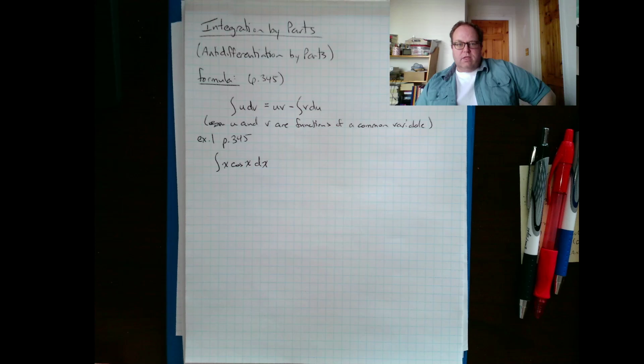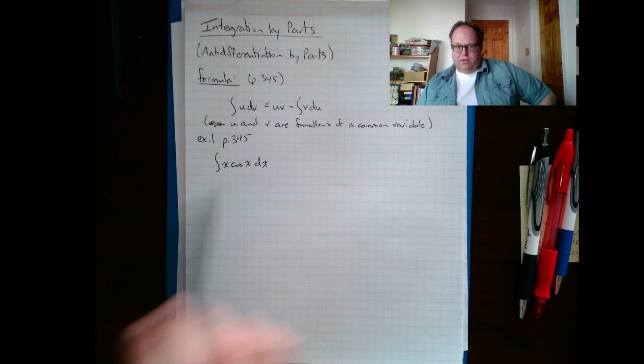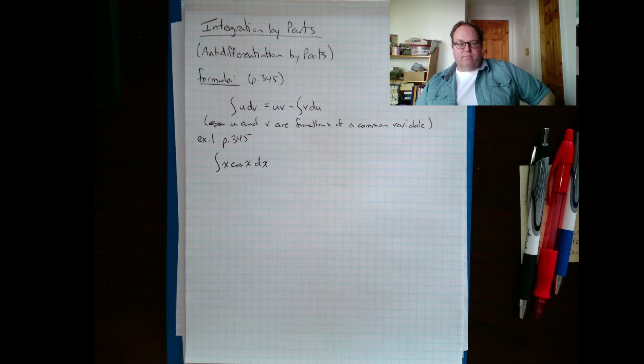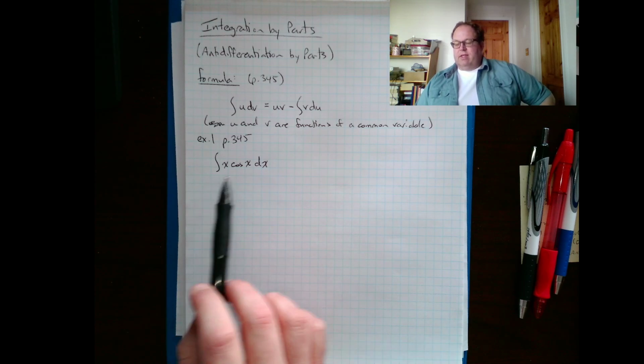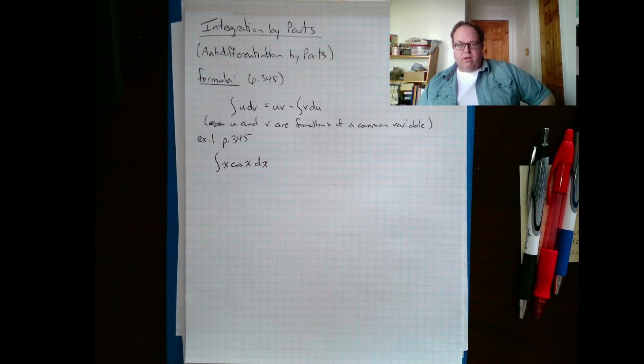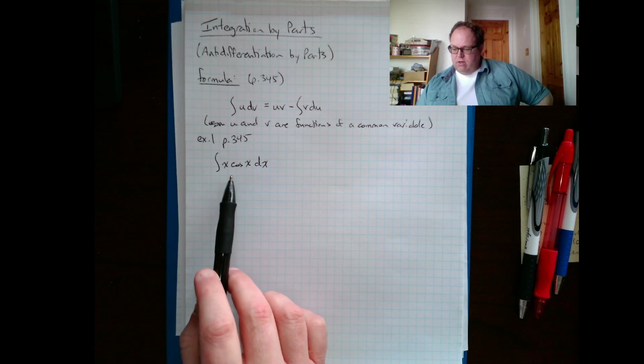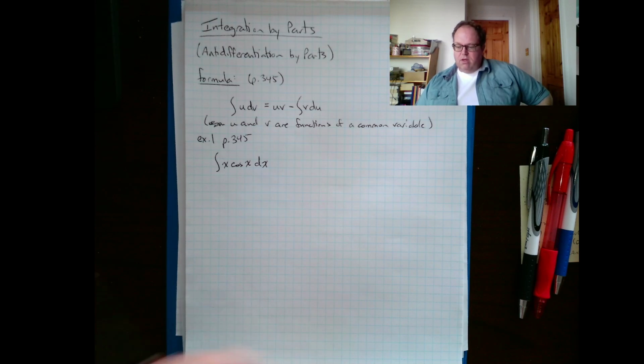Now you'll often see integration by parts come up when you've got a product of two things as your integrand, because you can't just take the antiderivative of x and the antiderivative of cosine and cram them together, because if you were to go back the other way to take the derivative, the product rule would spread that all out. So we need typically some special technique to do that. Substitution will work in some cases, but in this case there's no nice substitution that comes out here. So I'll go with integration by parts.